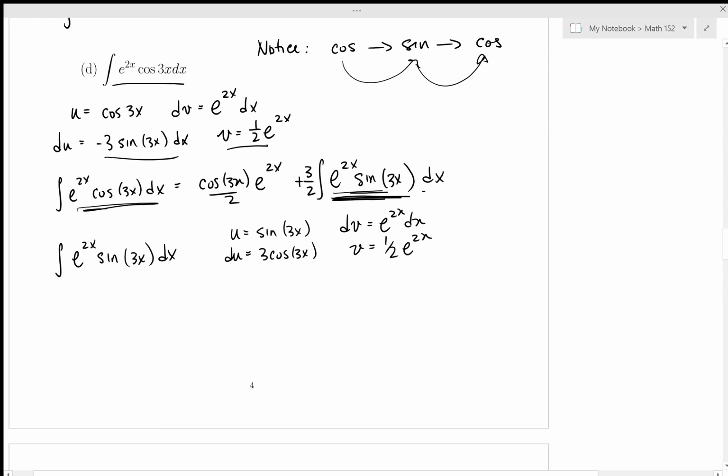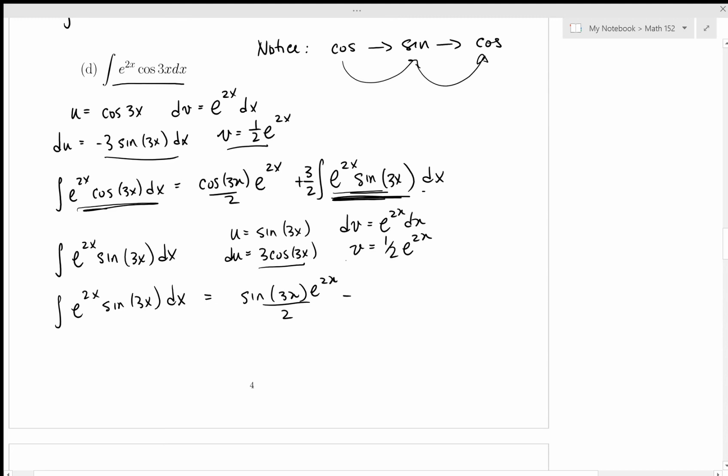Okay, and then I can write out what the value of this integral is. That is going to be uv, that is sine 3x e to the 2x all over 2. That is uv minus the integral of v du.